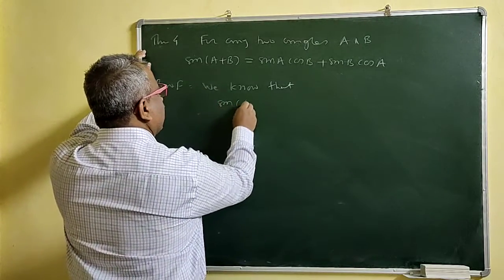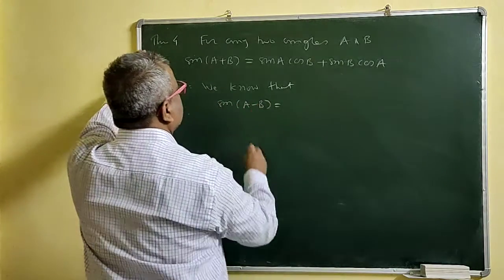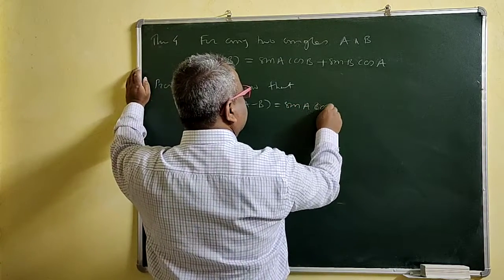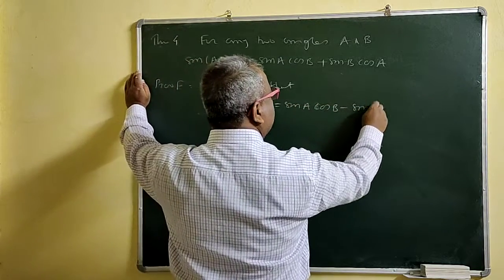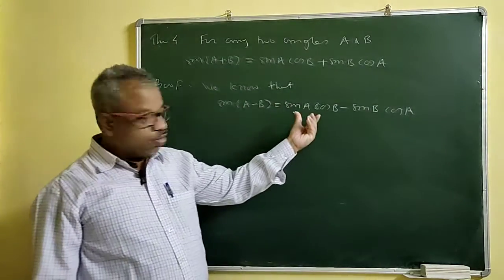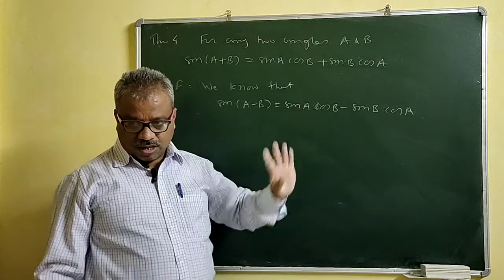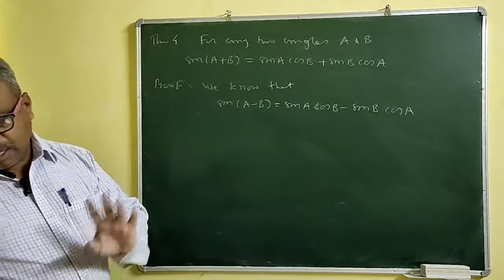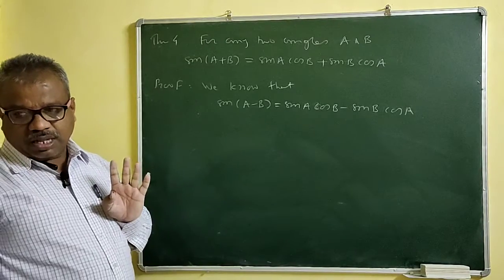So sin of A minus B is equal to sin A cos B minus sin B cos A. For sin, both sin and cos are together. For cos, both the cos are together and both the sin are together in the formula. Remember it that way.